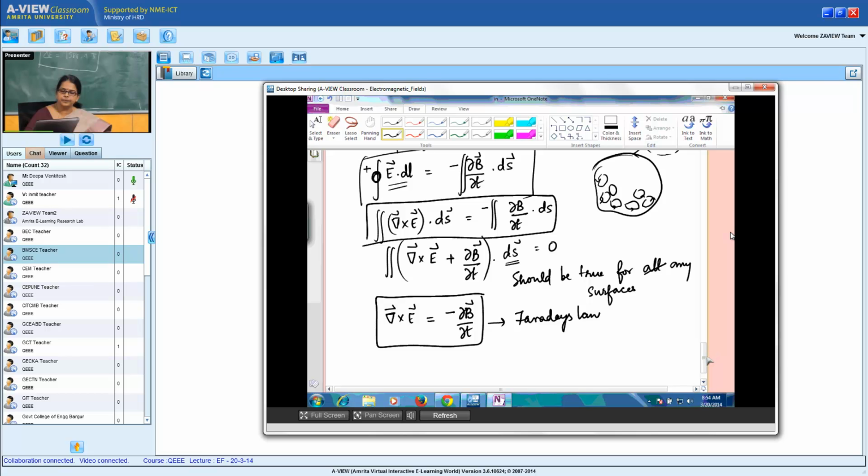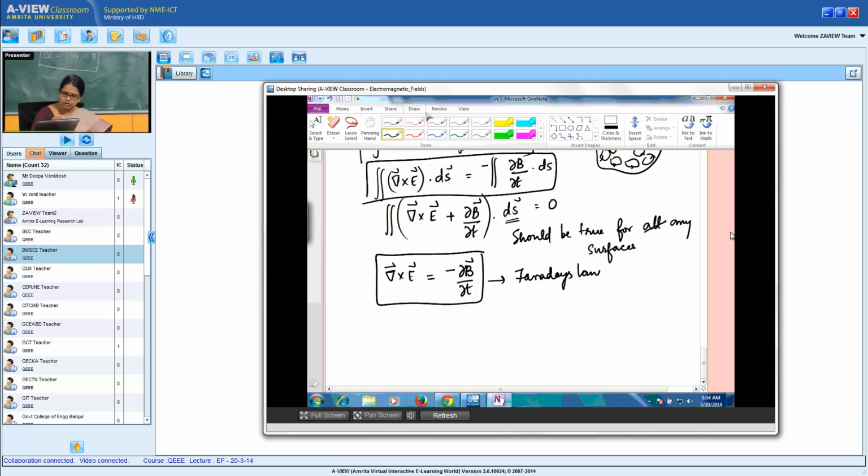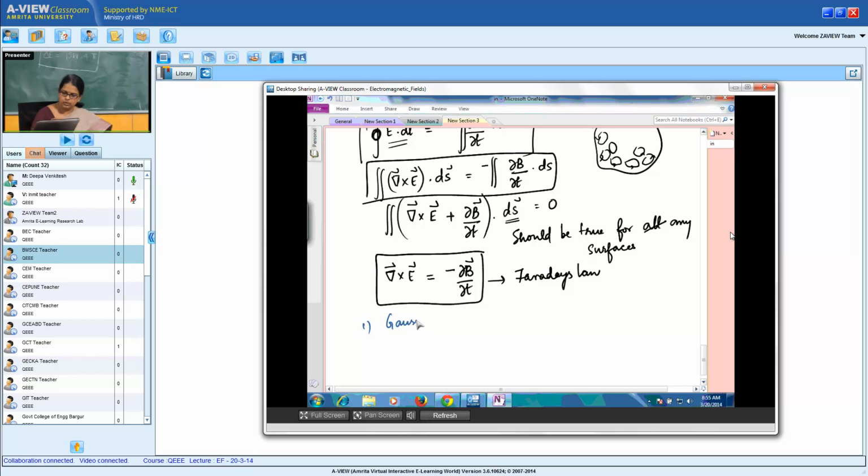So, to just consolidate all the Maxwell's equations we derived, first was Gauss law, which said divergence of D is rho.